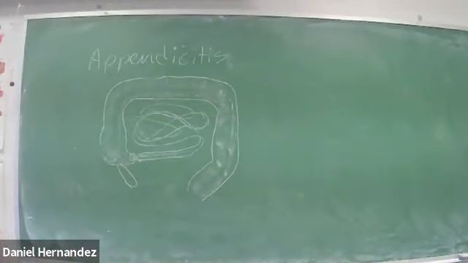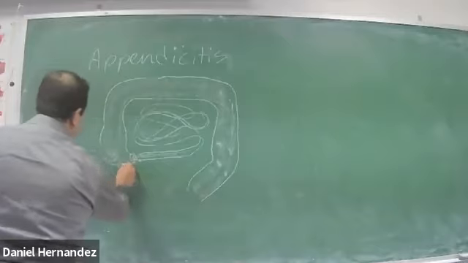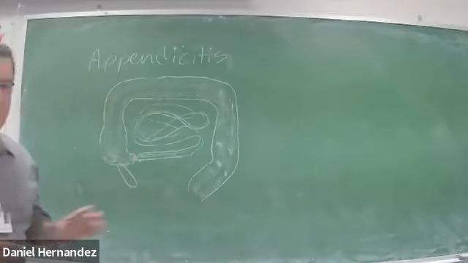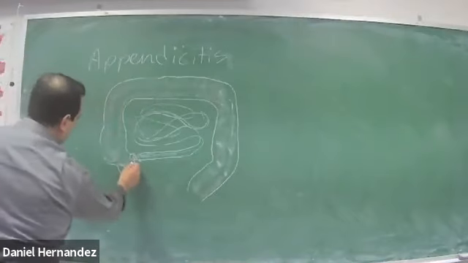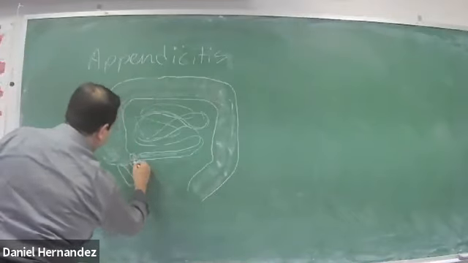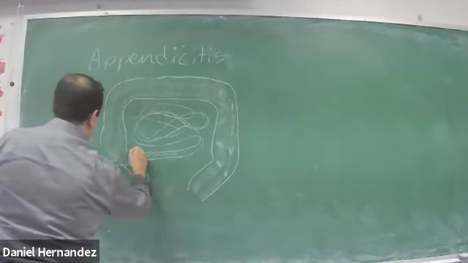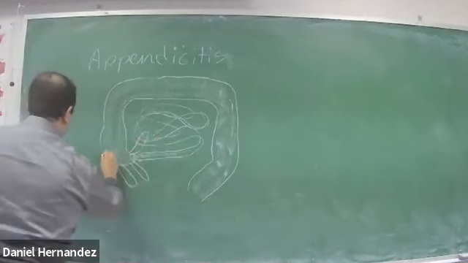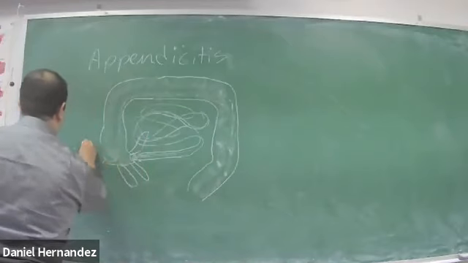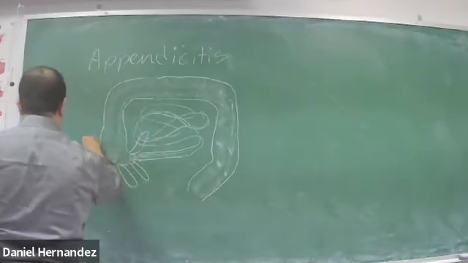What makes appendix studies challenging and difficult is that where the appendix comes off the base of the cecum is different on every patient. One patient may have it coming off here. Another patient, the appendix may be coming off here. Another patient, the appendix may be coming off in this direction. Perhaps it's coming off this way and running up towards the liver, lateral.